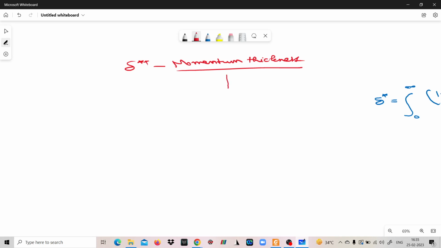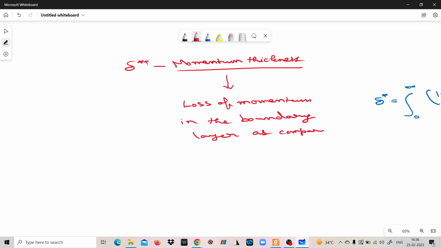So momentum thickness is basically, see, the displacement thickness was associated with the loss of mass, and momentum thickness is associated with the loss of momentum in the boundary layer as compared with that of potential flow.